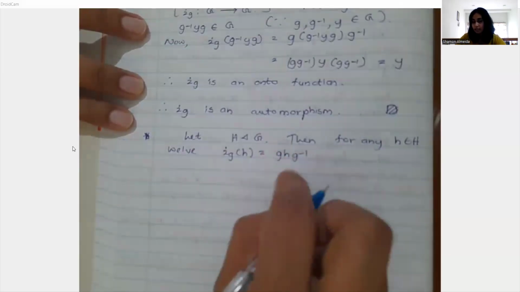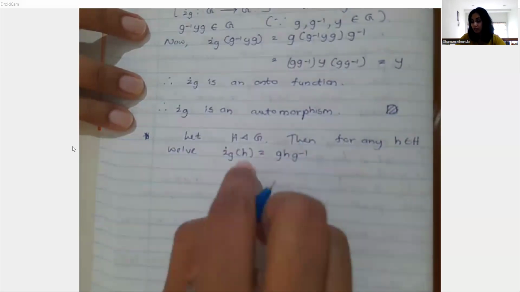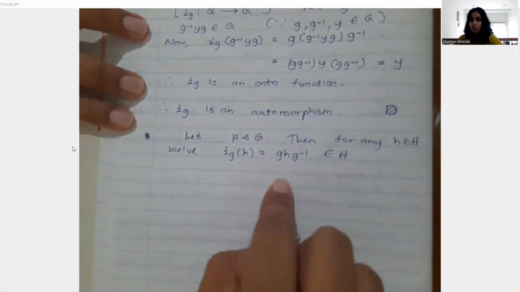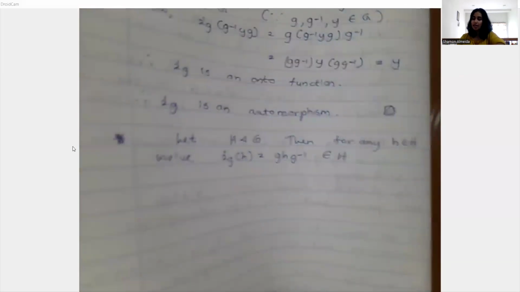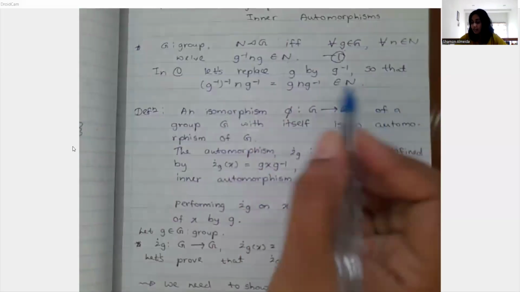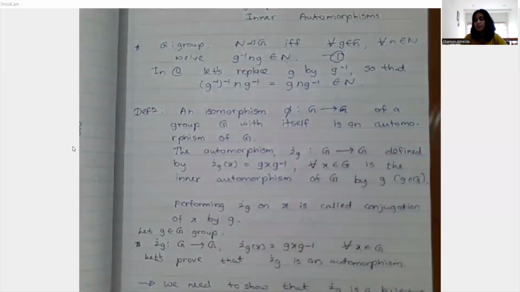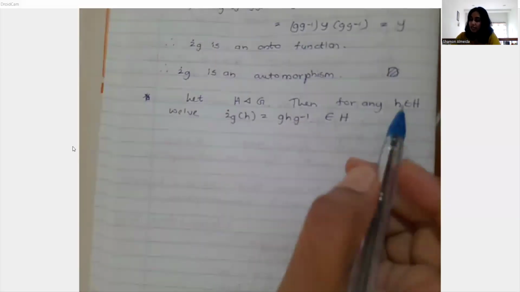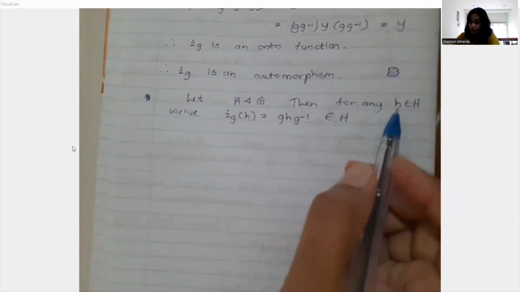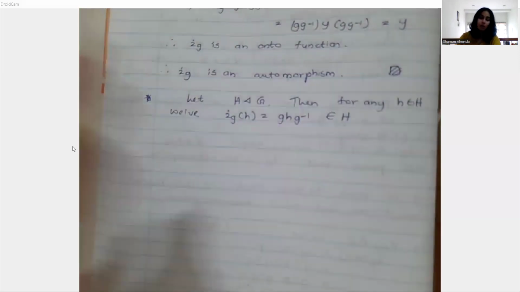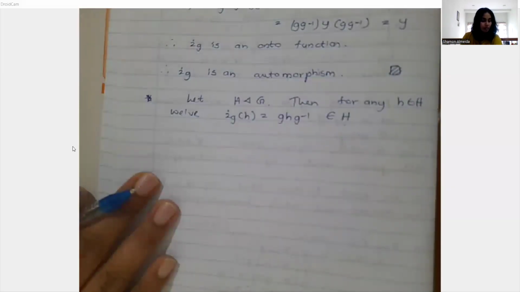Now what you get as this element, the function value, is actually inside H. This is because H is normal in G, and we have seen that in that case, this will also be an element in the normal subgroup, right? That's the first thing that we actually showed today. Right, so you take any element from the normal subgroup through the mapping. The function value of that element will also belong in H because H is normal in G, right?